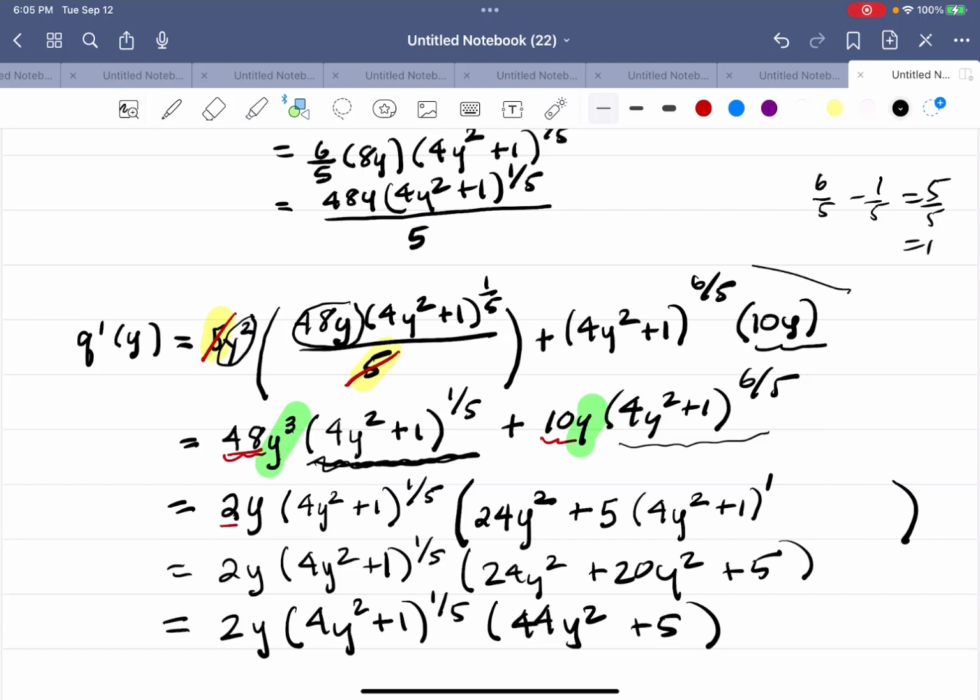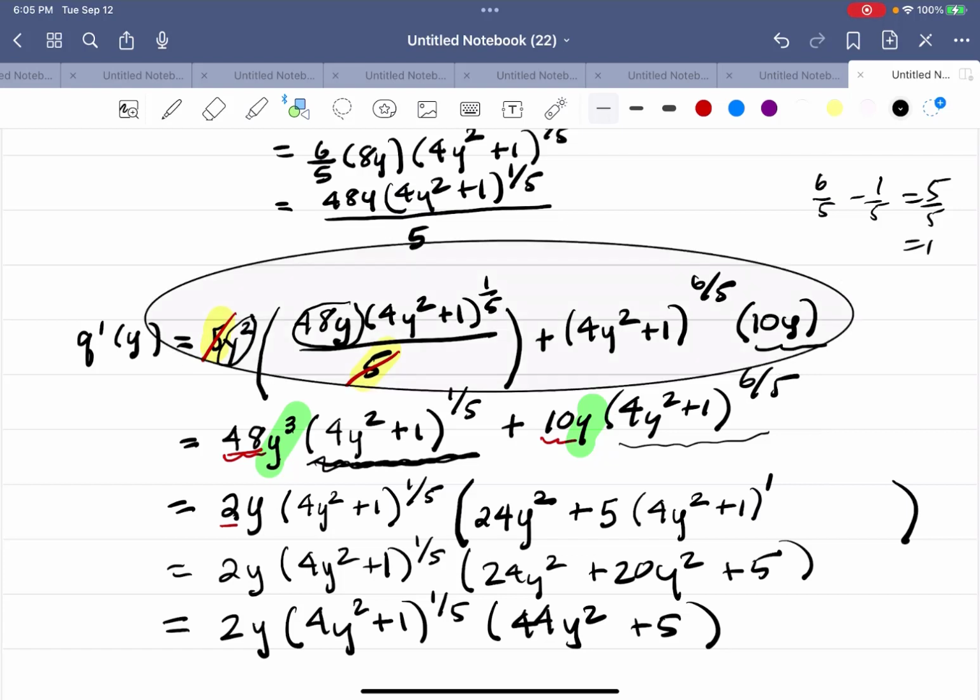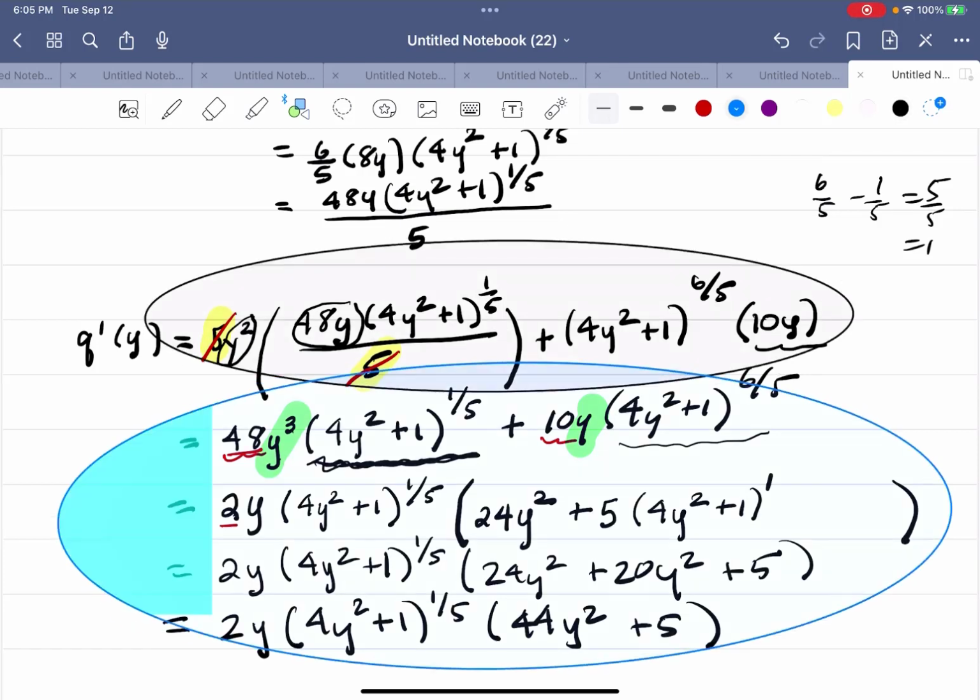So this is the calculus, and then all of this is the simplifying part. So get the calculus right and try to simplify as much as you can.